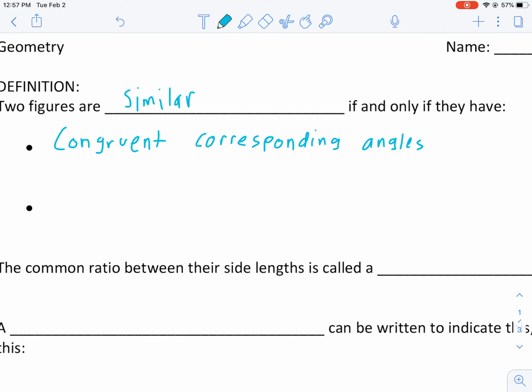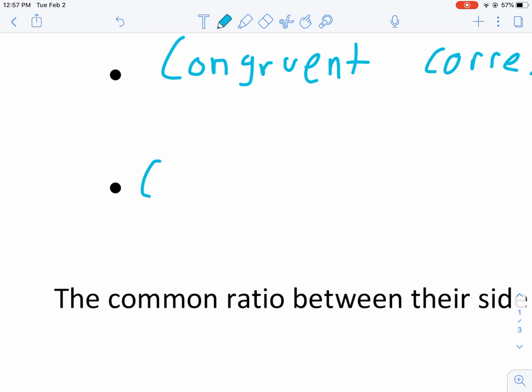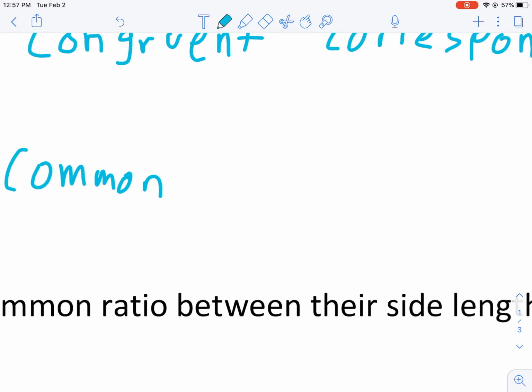They also have to have a common ratio between their side lengths.